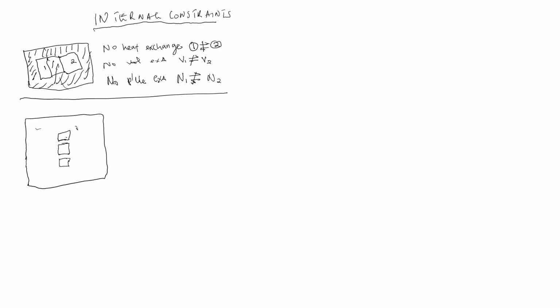Something like that. Then we have subsystem 1 and subsystem 2, then this outer adiabatic wall. So this is 1 and this is 2.